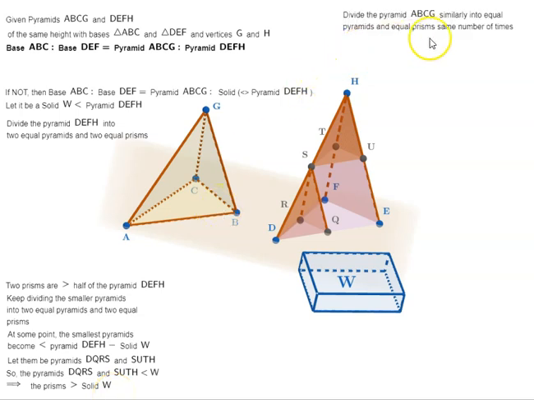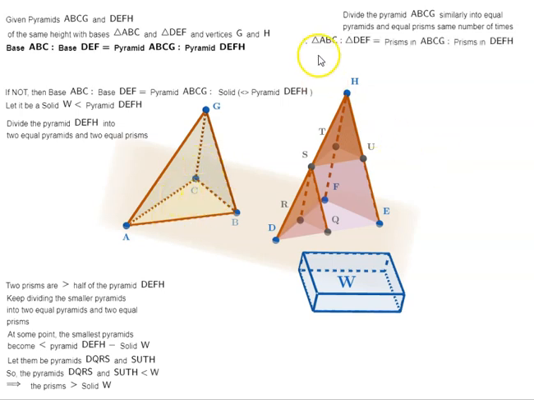Now, divide the pyramid ABCG similarly into equal pyramids and equal prisms the same number of times. If we kept on dividing it, say 3 times, 4 times, we have to divide this pyramid also the same number of times.